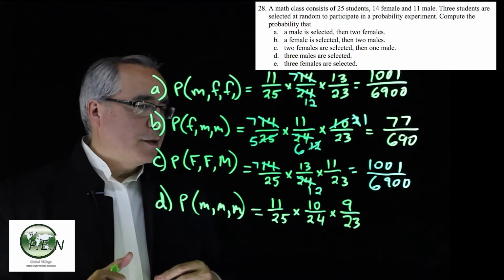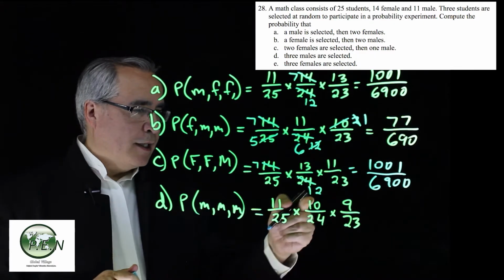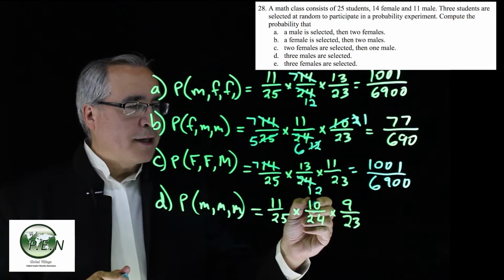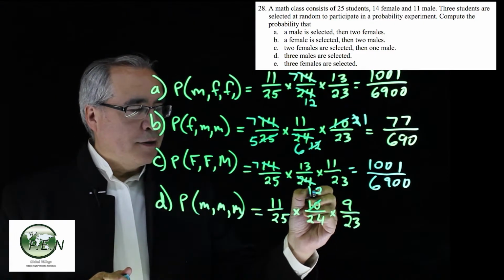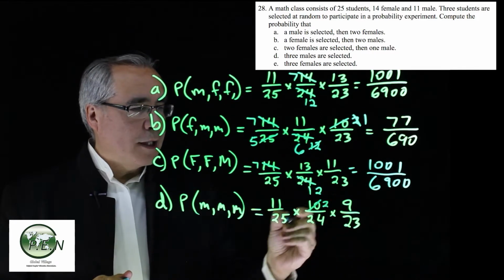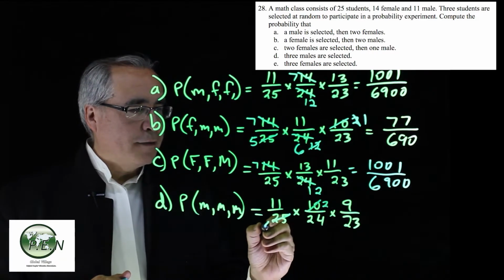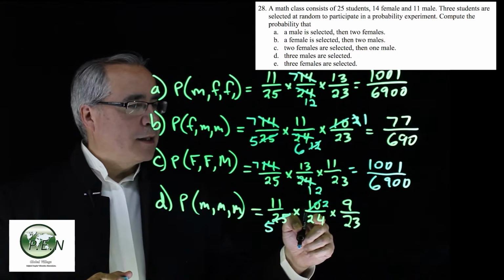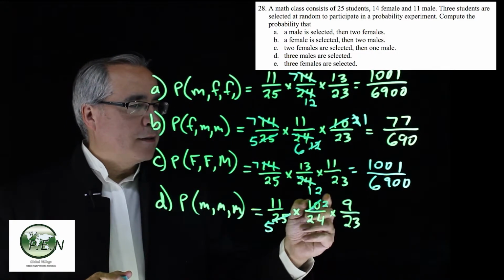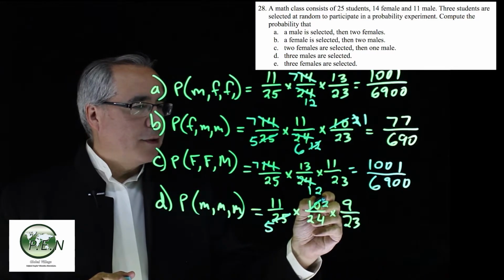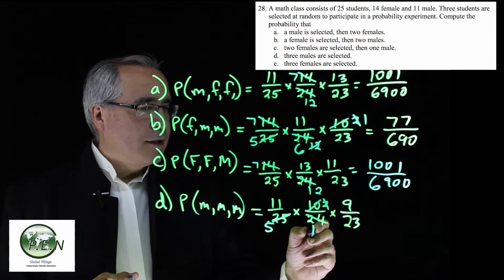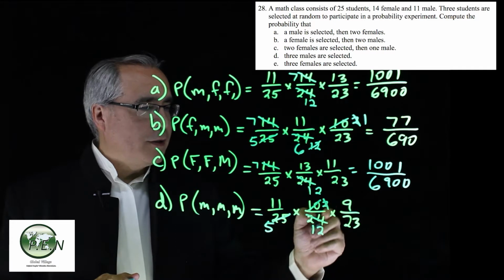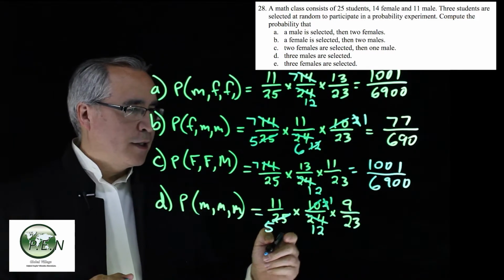And then we can do some reducing here. 10 will go into 25. It's got a 5 in there. So 5 goes into 10 2 times. 5 goes into 25 5 times. Well, 2 goes into 24 12 times. 2 goes into itself once.